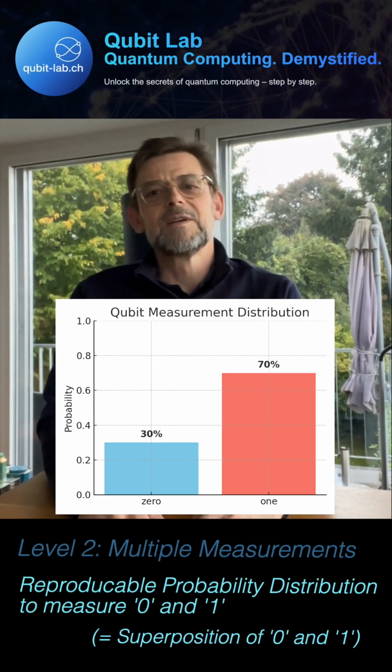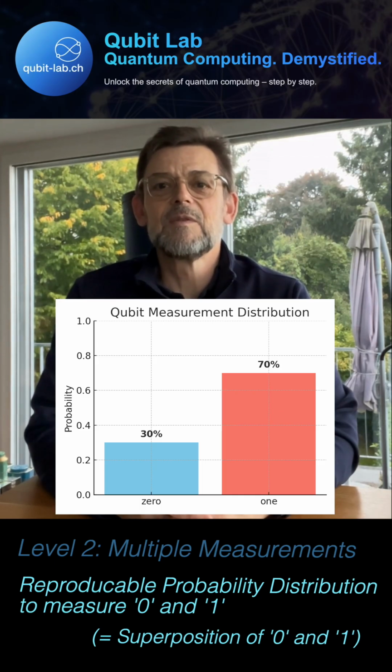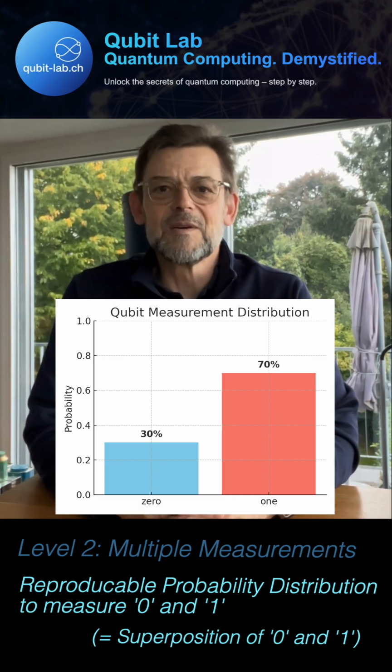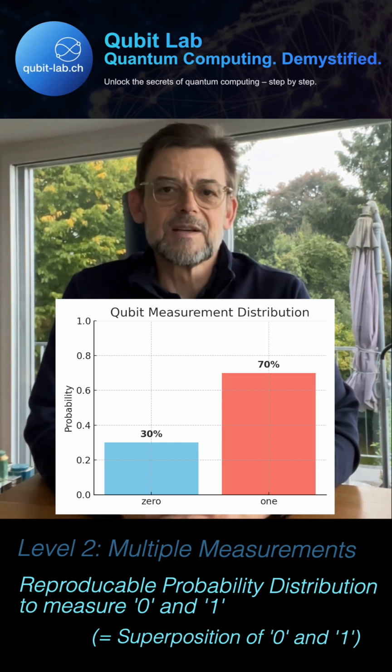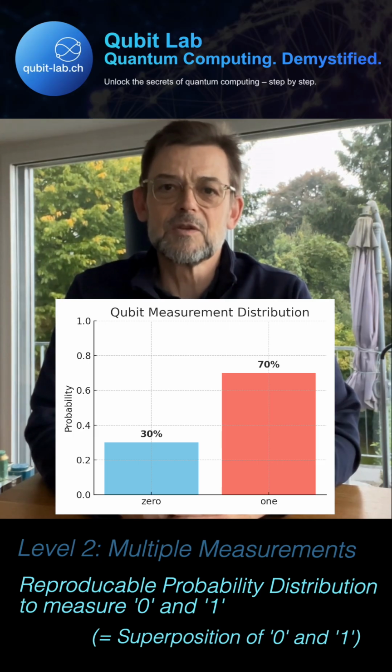This distribution is stable when you repeat the experiment under the same conditions. From that, you can conclude that the qubit, once prepared, seems to carry probabilities for measuring 0 or 1. In other words, the qubit behaves like a rigged slot machine. Each shot looks random, but with a fixed bias. Multiple measurements reveal underlying probabilities for 0 or 1.